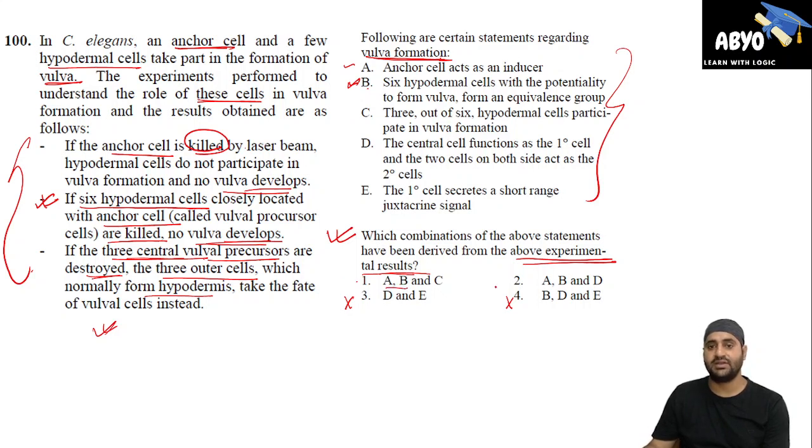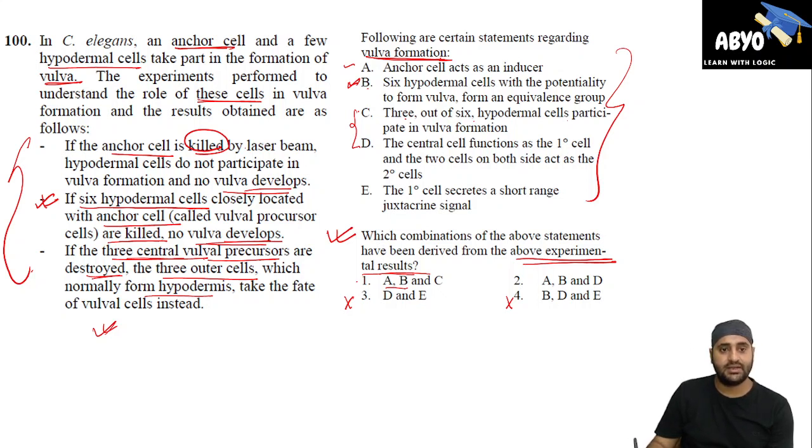So still we are having the relative with these two. 3 out of 6 hypodermal cells participate in the vulva formation. I have said earlier that all the 3 cells which will give rise to 22 adult cells, who are they? P5P, P6P and P7P, right? One is said to be the primary and the 2 will be called the secondary.